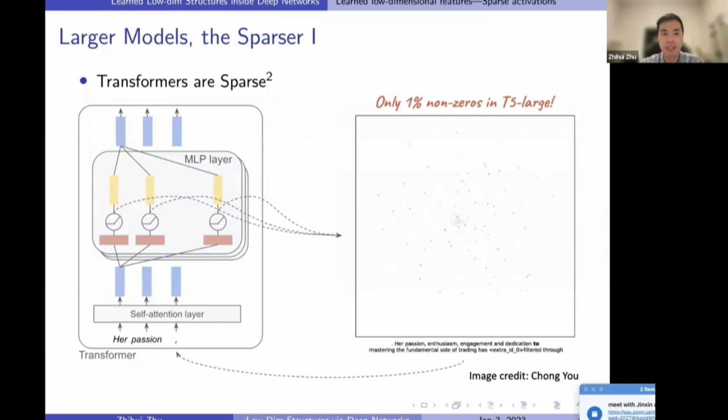Let's look at a particular example, the transformer, which is one of the most widely used large models. A transformer again contains a lot of layers, and each layer corresponds to a transformer block. Within a transformer block, there are 2 components. The first component is the self-attention layer, and on top of this we have the MLP layer.